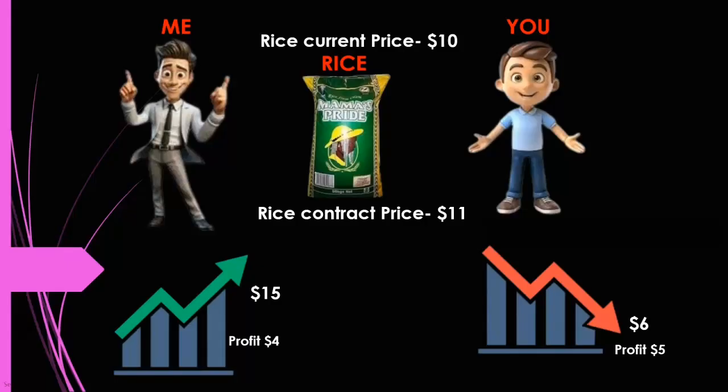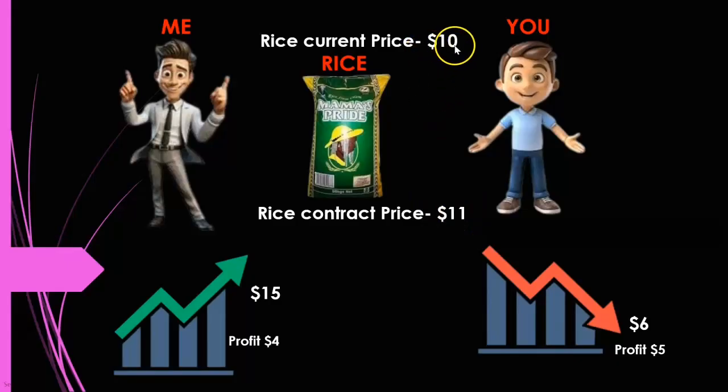I'm like, okay, since it's like that, I'm going to pay you $11, but currently the price of rice is actually $10. I said I'm going to pay you $11 to buy this rice from you. You say, okay, that's fine, that's a good deal. You now get into a contract, and we both sign the contract that by December I'm going to be buying rice from you at $11.